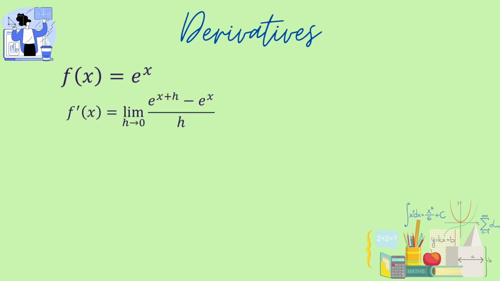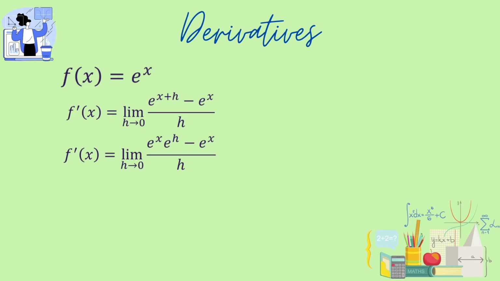Based on the definition, f prime of x is equal to the limit as h approaches 0 of e to the x plus h minus e to the x all over h. Rewriting e to the x plus h, we have e to the x times e to the h.